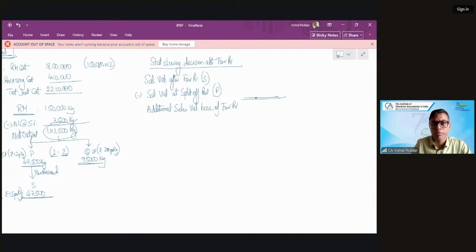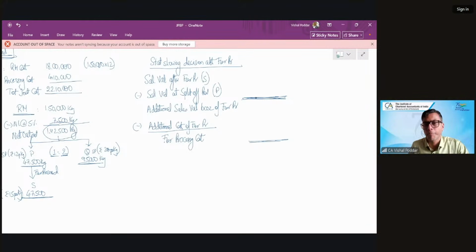So this amount, that is the difference between the two sales values, minus additional cost of further processing. What is this additional cost? It is the further processing cost.